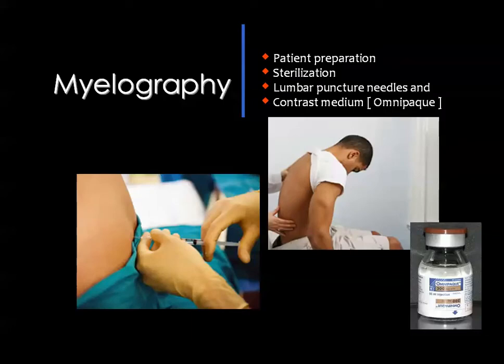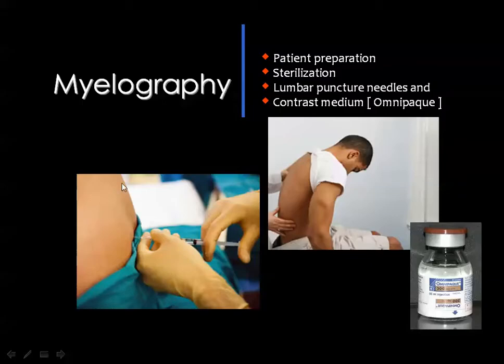At the time, this technique was frequently done in the battery of investigation of the spine, which is the myelography. By myelography, we mean that we inject some contrast media in the spinal canal inside the cecal sac.